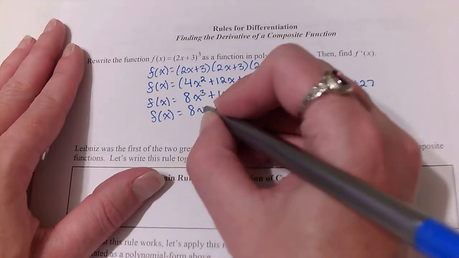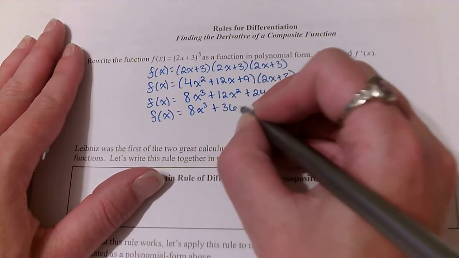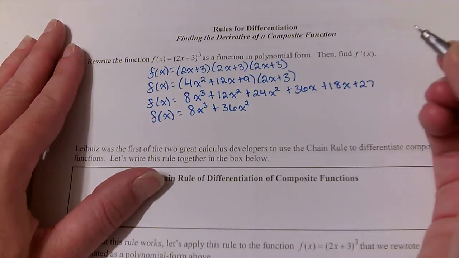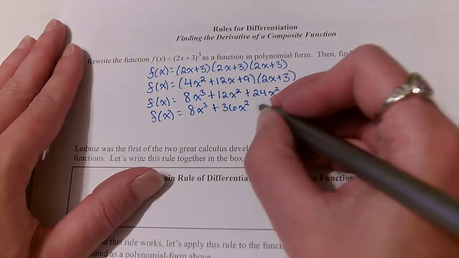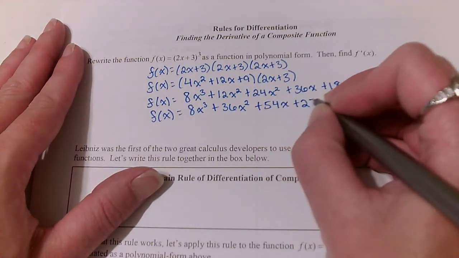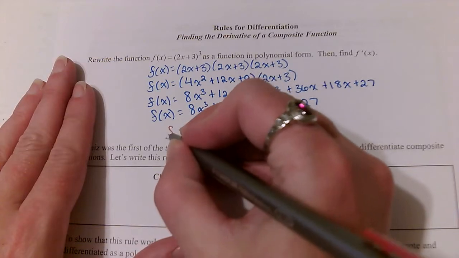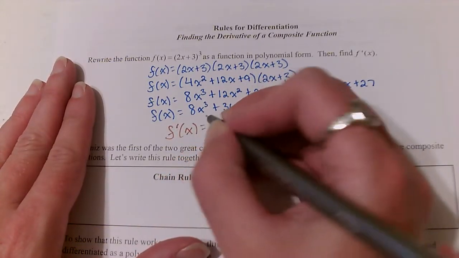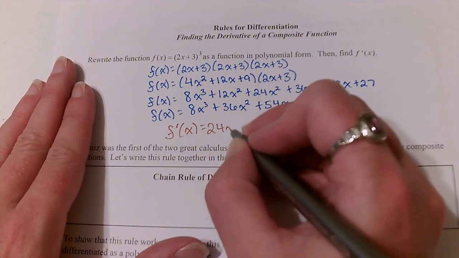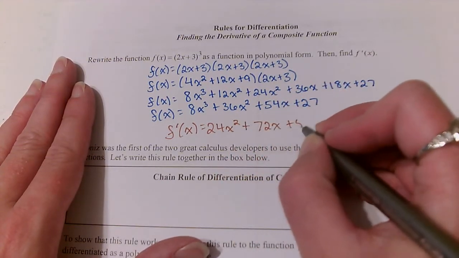We have 8x cubed, and then 36x squared, and then that's 54x plus 27. Now we can use the power rule. So f prime would be 24x squared plus 72x plus 54.